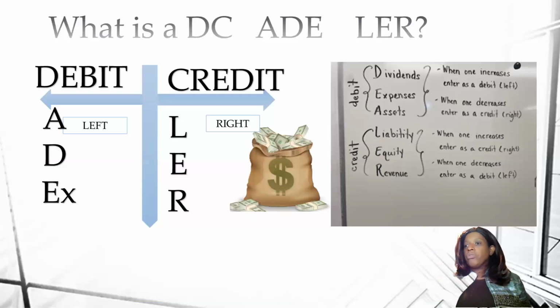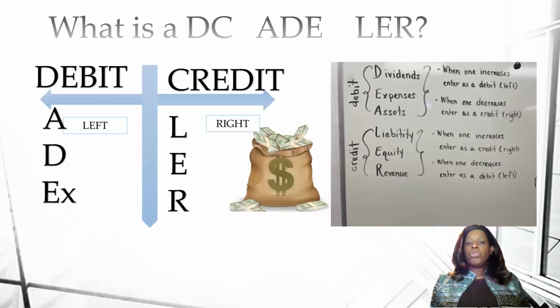And the D right here stands for drawings, and it can also be used for dividends. So what are the credits that increase? Revenues, liabilities, and equities. So going from the bottom, revenues, equity, and liabilities. So assets and expenses increase with debits; liabilities, equity, and revenue increase with credits. Make sure you write them down.